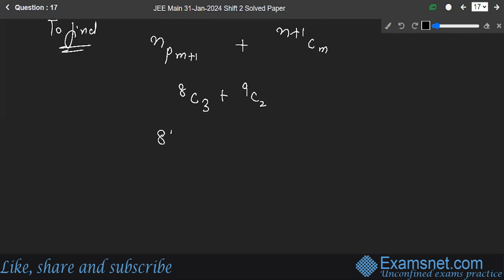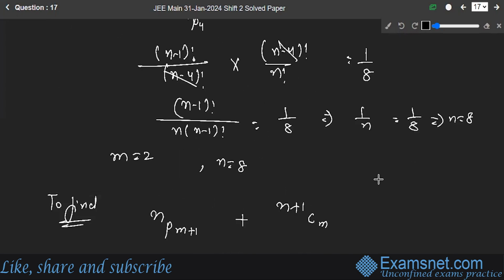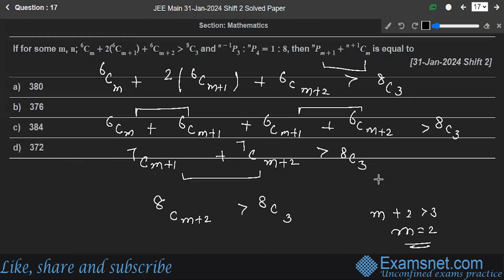That's equal to 8 factorial upon 3 factorial into 5 factorial plus 9 factorial upon 2 factorial into 7 factorial. This gives 336 plus 36. So the answer to the question is 372. Here it is, option D. Hope you're clear with this. Let's move to the next question.